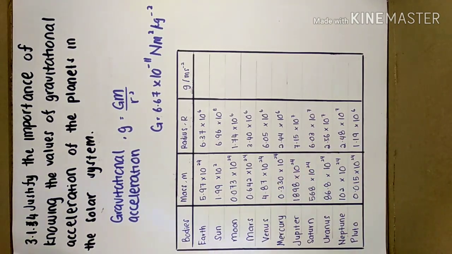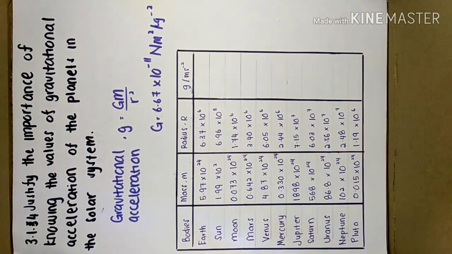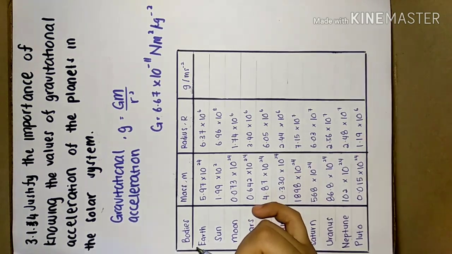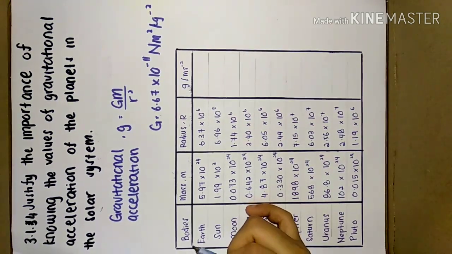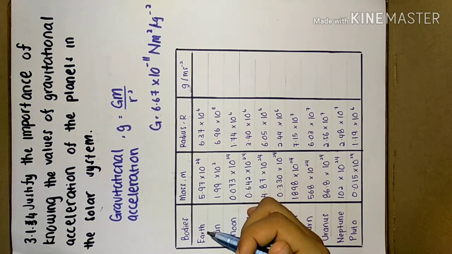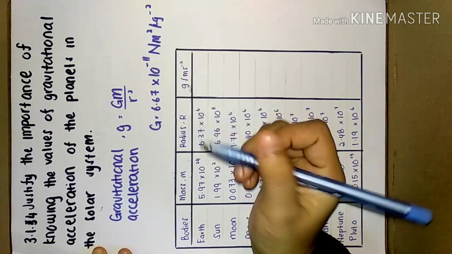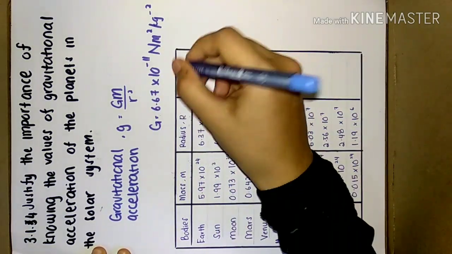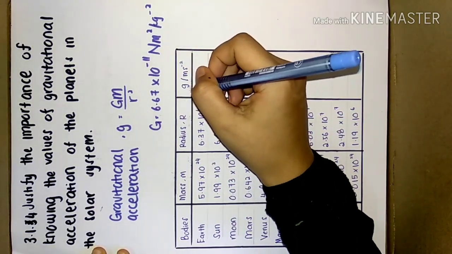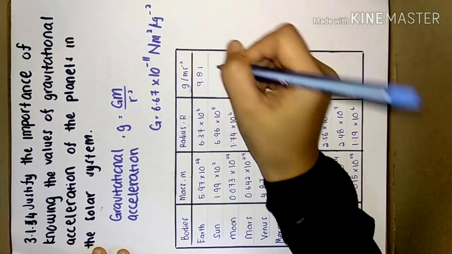But teacher will choose several planets that I will give the answer, and the others I want you to complete this table by yourself. Okay, so use the formula for the Earth. You will get the gravitational acceleration is 9.81.